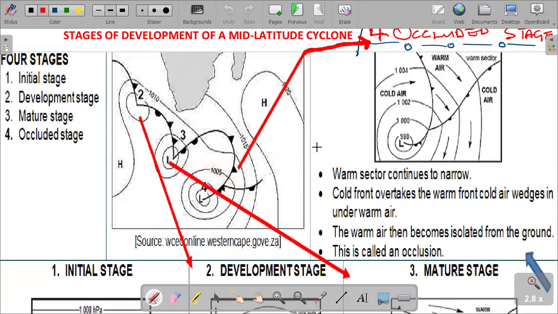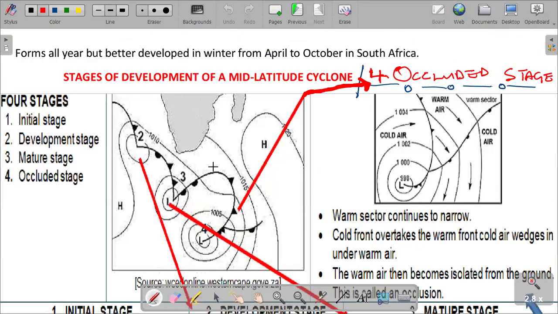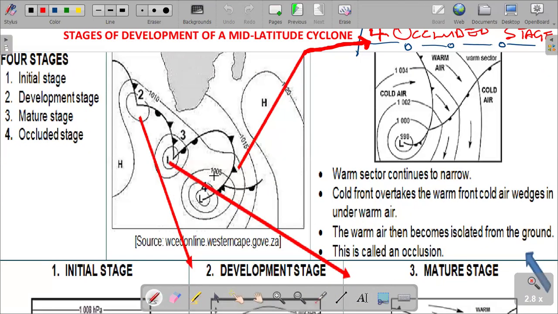In stages 3 and 4, the cyclone weakens and finally it disappears. So I'm just going to look at these stages one by one. This is a representation that you might sometimes find in a question paper, where you might be asked to identify the various stages of mid-latitude cyclone development that are illustrated on the diagram.